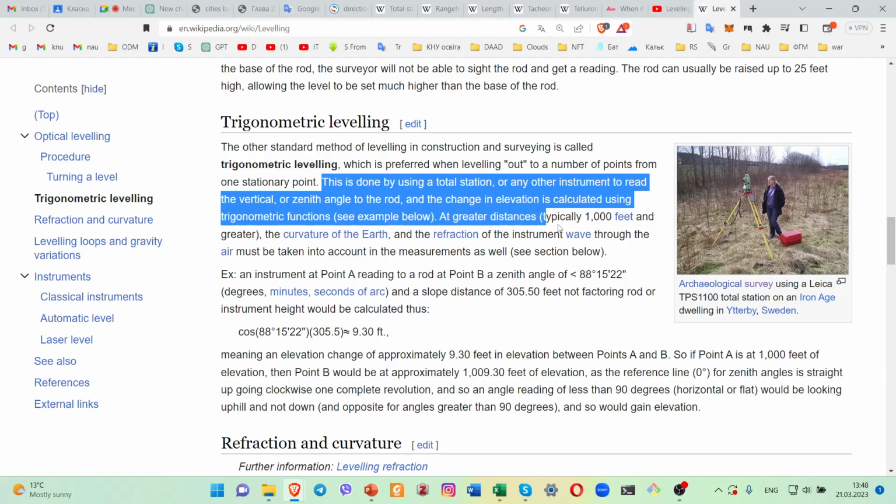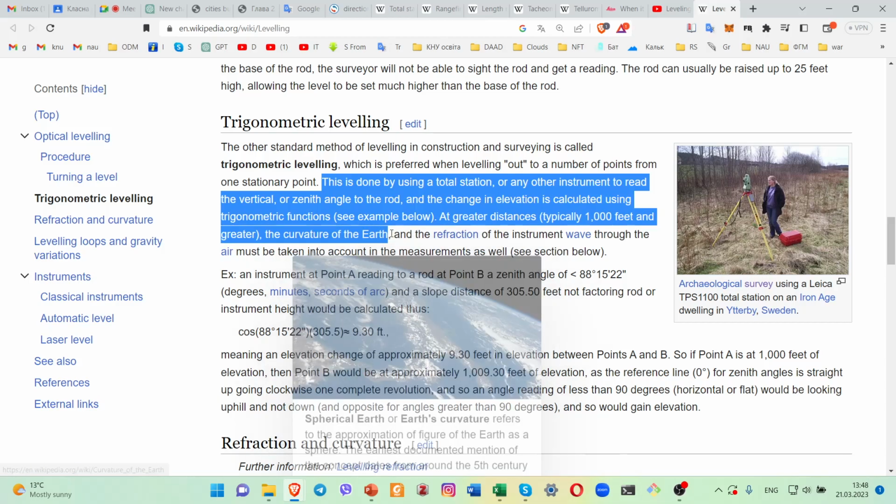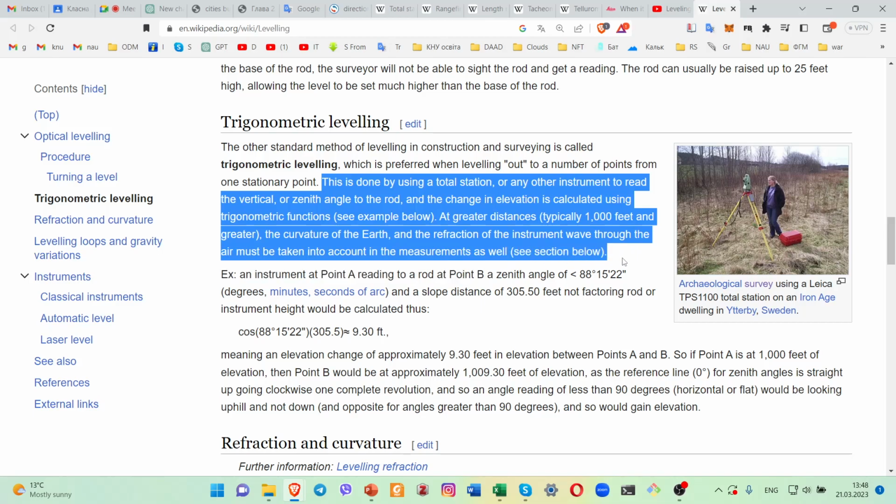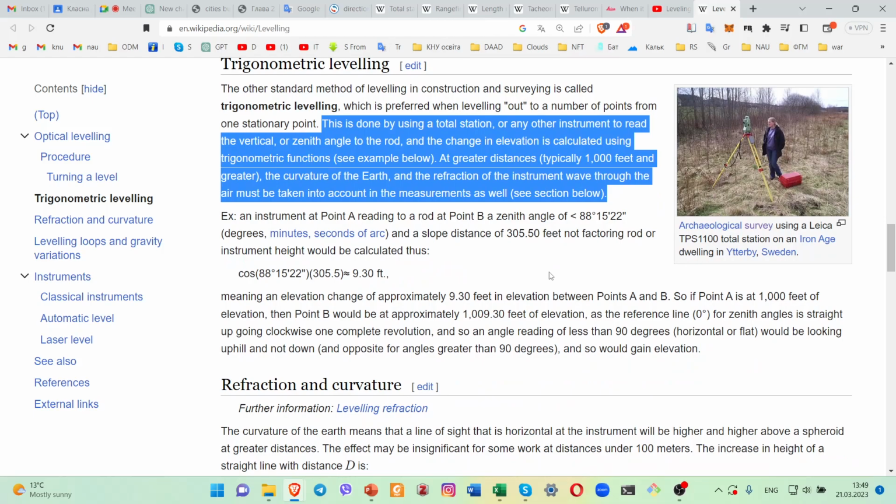At a greater distance, 1000 feet and greater, the curvature of the Earth and the refraction of the instrument wave through the air must be taken into account in the measurement as well. Here you can see an example.